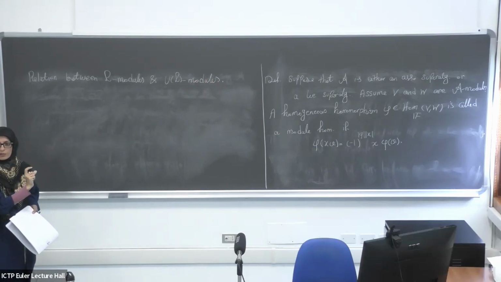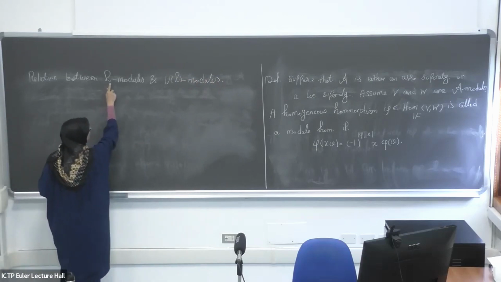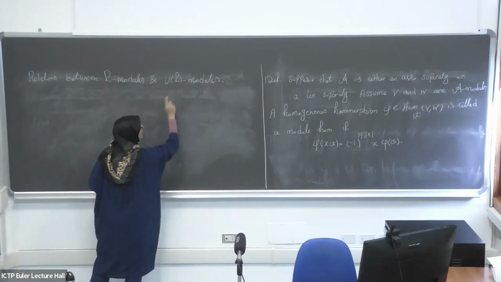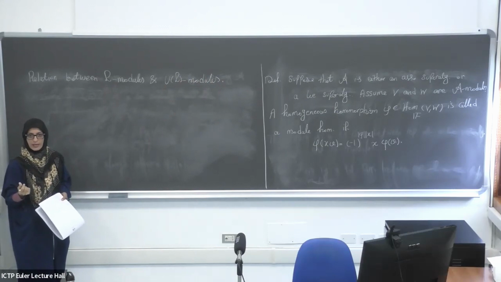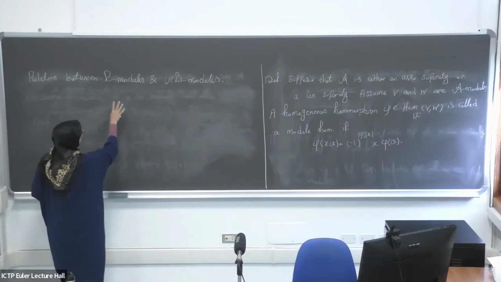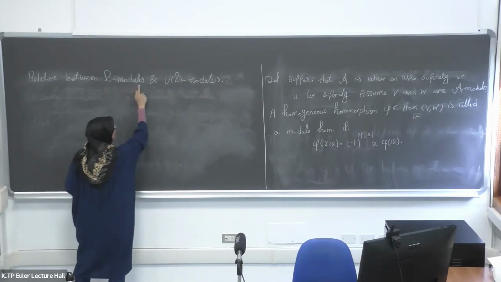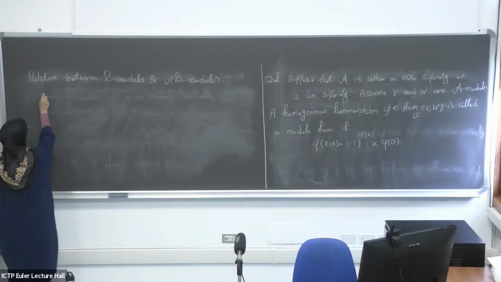Here, L is a Lie superalgebra and UL is an associative superalgebra, and we prove that there is no difference between L-modules and UL-modules.